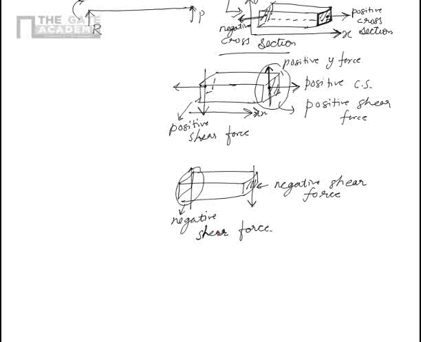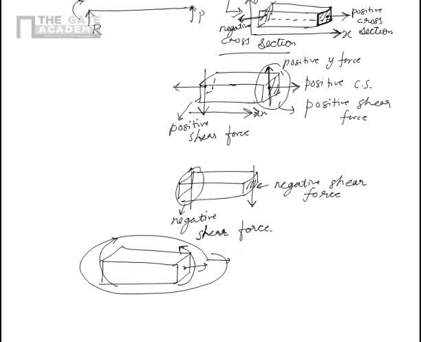Same thing goes for the moments. I have this beam. The positive bending moment on the beam bends the positive cross section anti-clockwise, and it bends the negative cross section clockwise. So this is a set of positive bending moment.